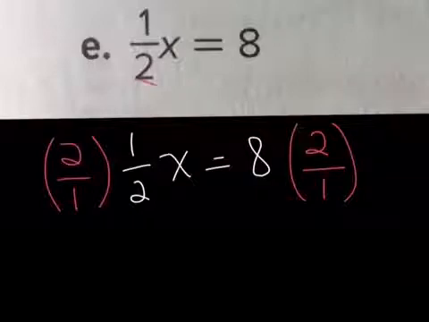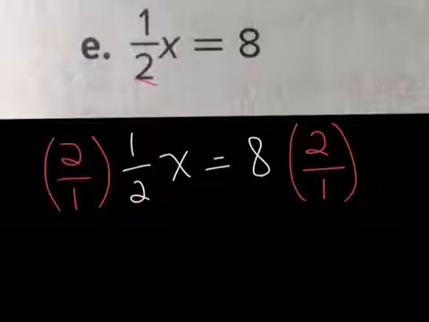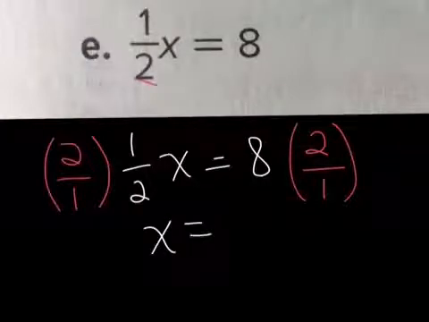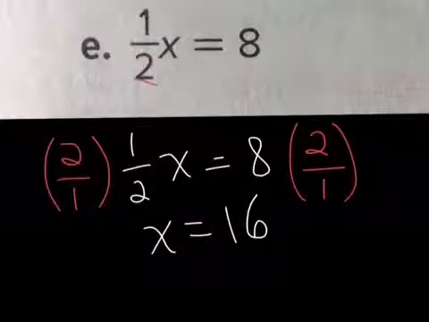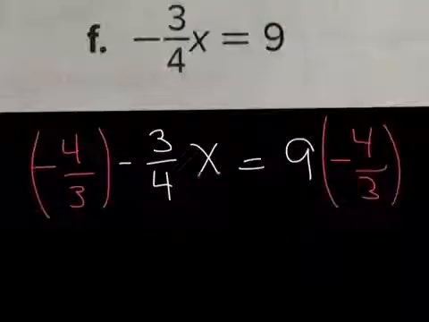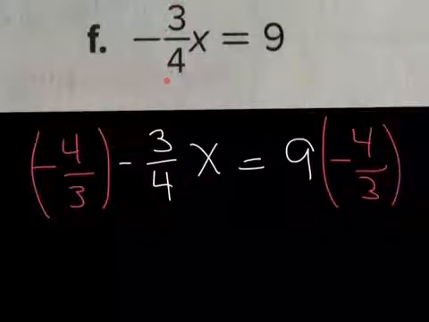Okay, I'm going to multiply each side with this multiplicative inverse, and I know this is going to equal 2 over 2, which is 1, so I can simply write my x, and 1x equals, this is going to give me 16, right? Because 8 times 2 is 16 over 1. Okay, again, I'm going to multiply both sides by negative 3/4, invert it, and now remember, we keep the negative.